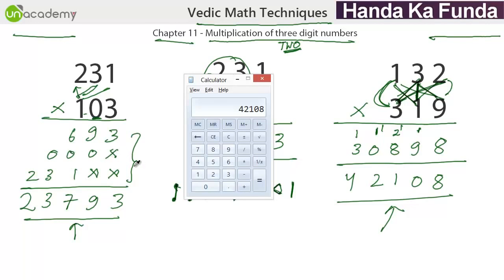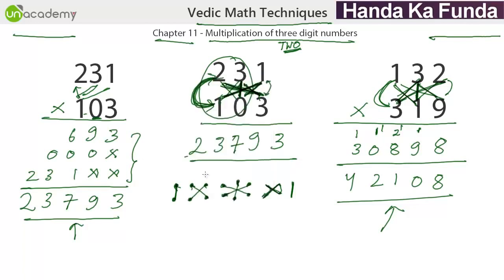So once again, what I would like to remind you of is what I have drawn. The last digit will be a multiplication of the last digits. The second last digit, a cross between the last two digits of both the numbers. The middle one will be a triple way cross. The fourth last digit will be a cross between the first two digits of both the numbers.